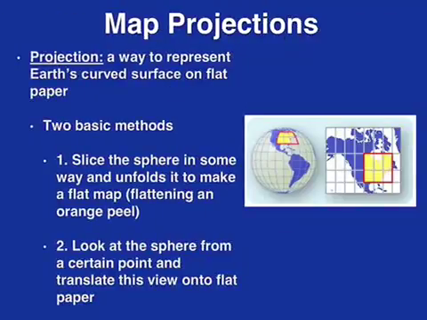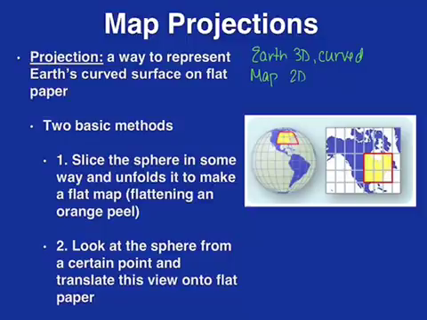Map making has been around for quite a while, and one way to make a map is using a technique called projection. Projection is a way to represent Earth's curved surface on a flat piece of paper. It's very important to remember that the Earth is three-dimensional and curved, whereas a piece of paper or a map is only two-dimensional and flat. When you use projection, you can do it one of two ways.